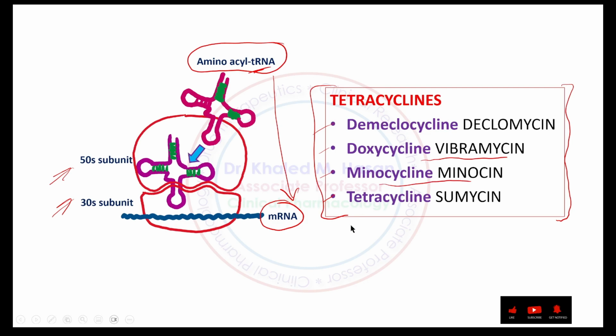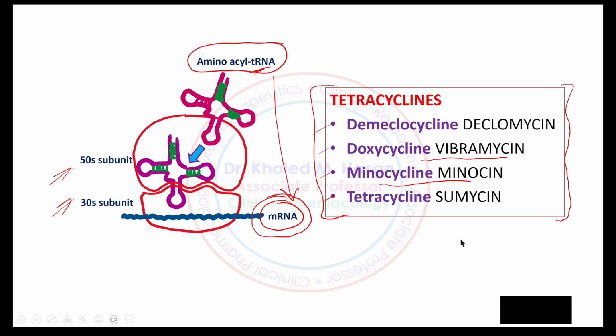And now we look at how protein synthesis works. As you can see here, amino acid transfer RNA tries to bind to the 50S subunit and work on the 30S subunit and synthesize the protein through the messenger RNA.